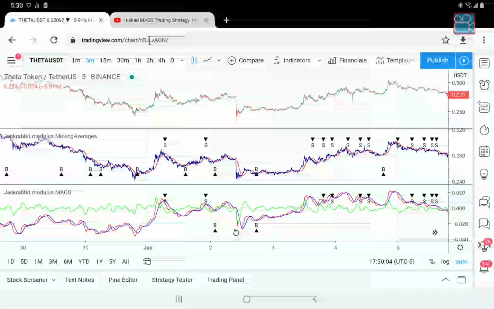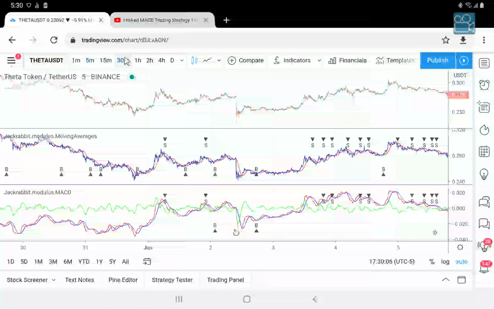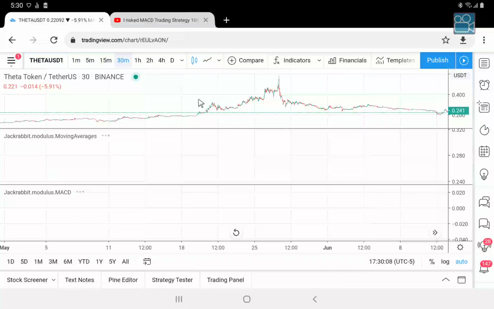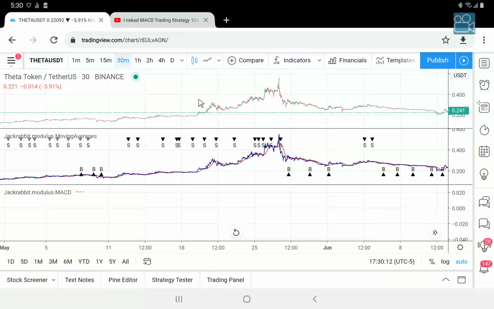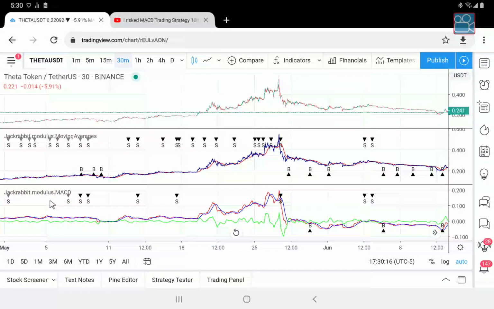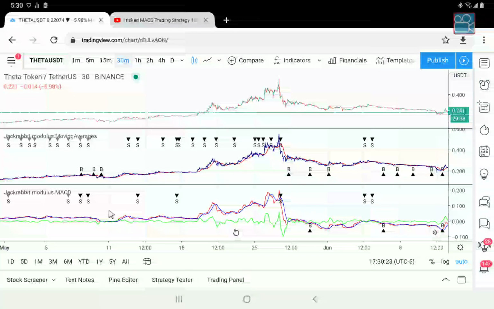Let's go back to the 30-minute level on Theta. Again, your alerts are driven by the MACD. The moving averages is pulled into the MACD for the signal line.